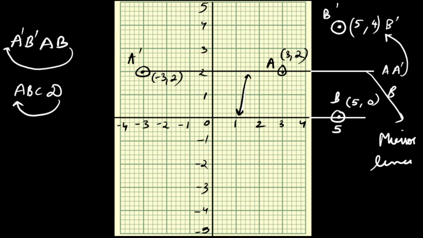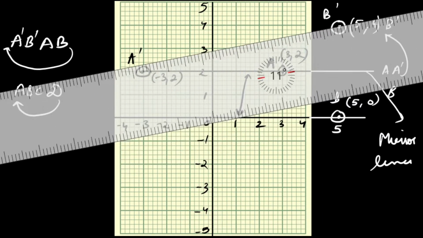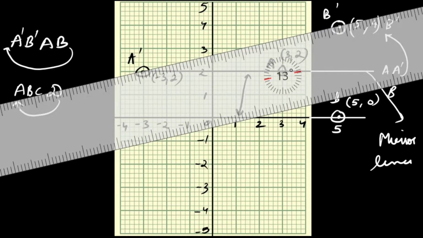So let's join now. A to A dash we have already joined, and now we have to join A dash to B dash.